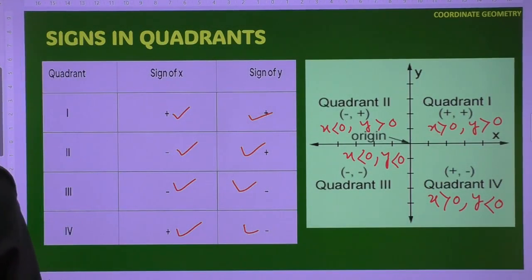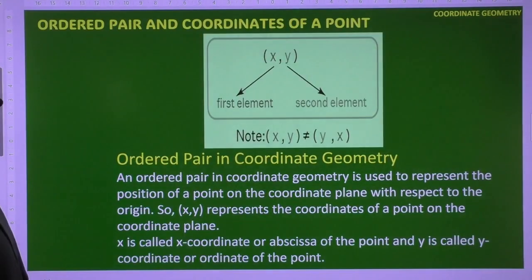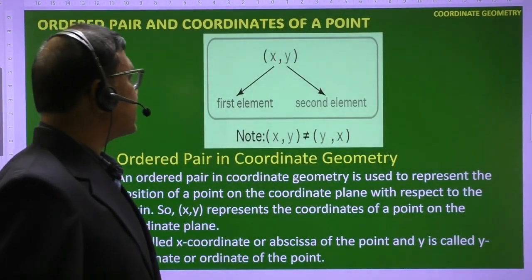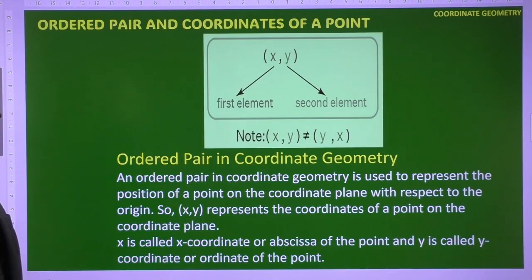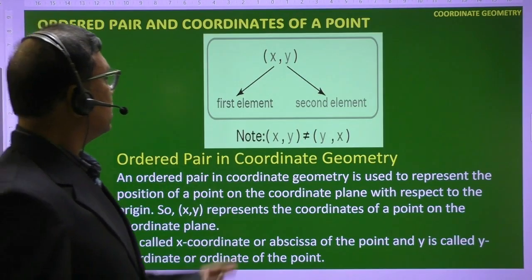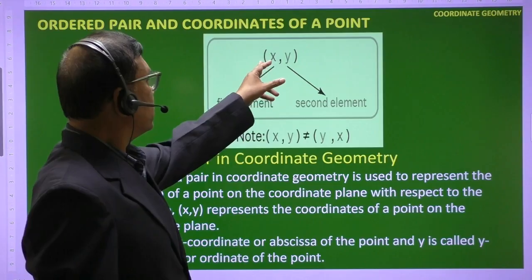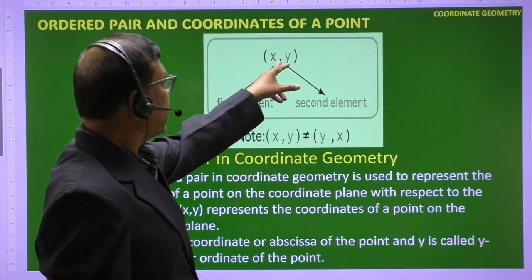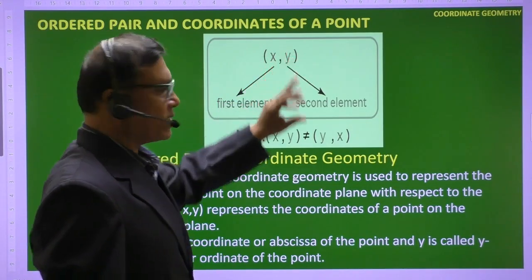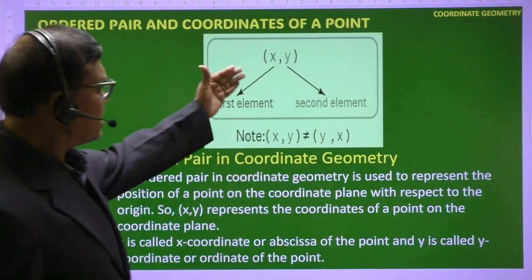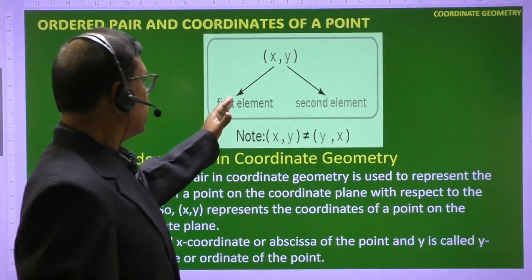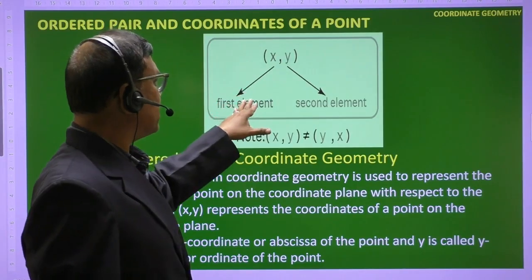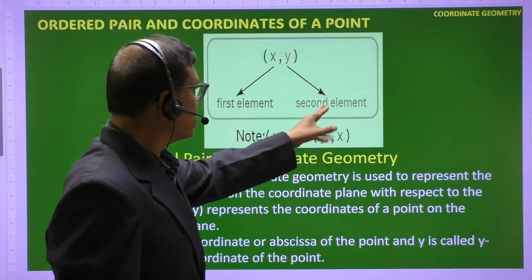Now ordered pair and coordinates of a point. What is the meaning of ordered pair? See, in the first bracket, x comma y is written. So this is the ordered pair. x is known as first element and y is known as second element.